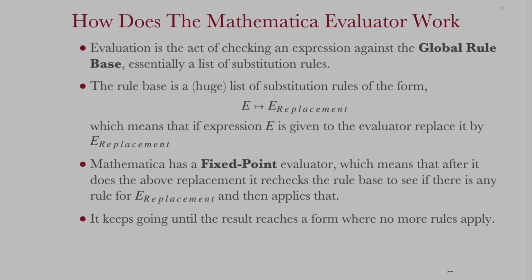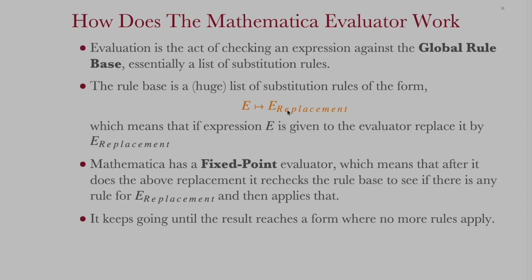Evaluation is the act of checking an expression against the global rule base, essentially a list of substitution rules. The rule base is a huge list of substitution rules of the form E maps to E replacement. E is any M expression, and E replacement is any M expression.